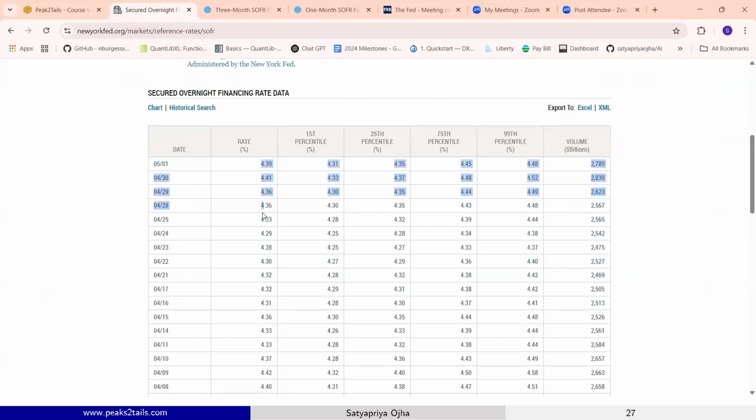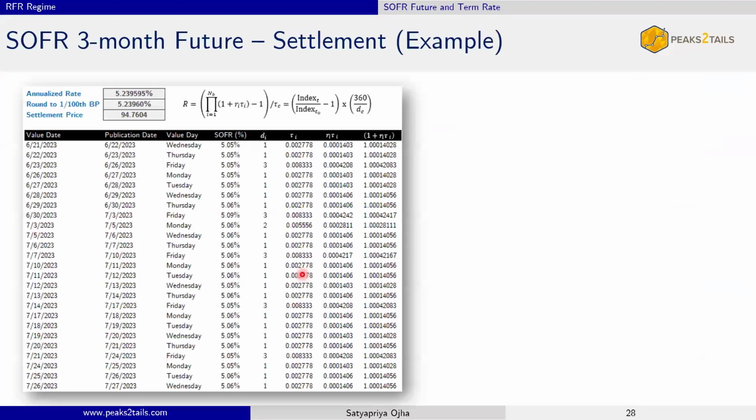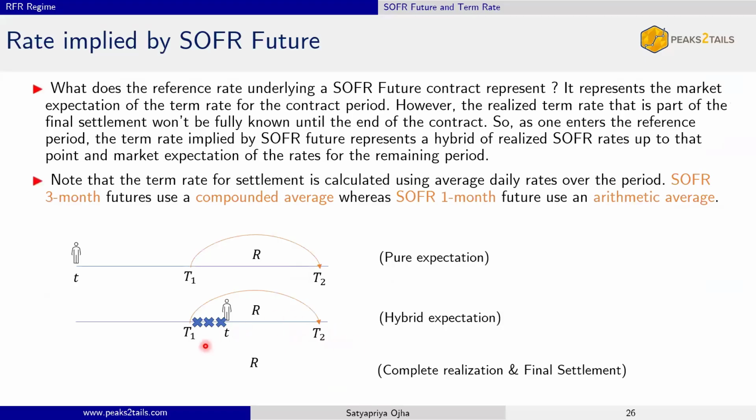If we go back to the slide, look at this. From the 3rd Wednesday of March to today, the rates have been published. The overall rate for the SOFR 3 month future is from March to June, but it is partly realized, partly known already. The remaining part is not known.